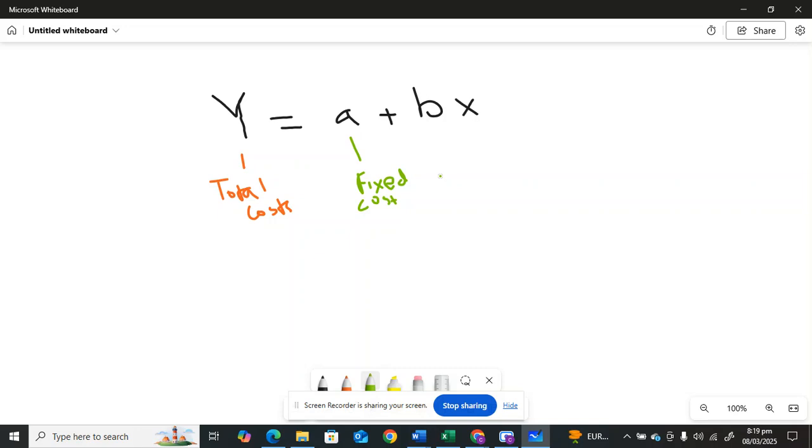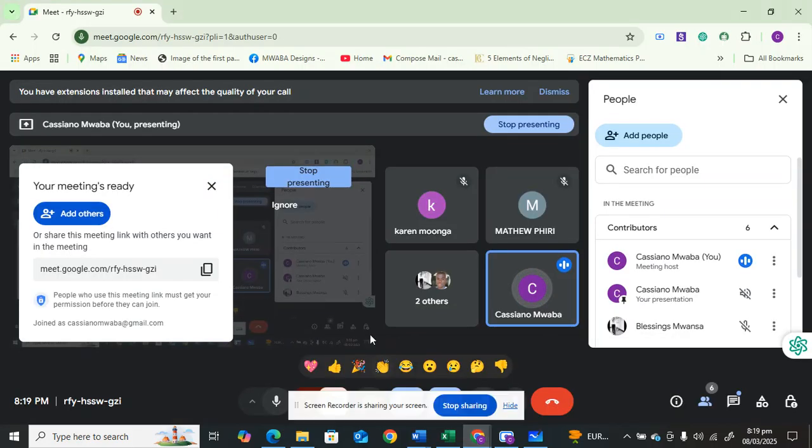With variable costs, you can control them, because if you produce more, you incur more of them, and if you produce less, you incur less. Fixed costs you can't really control as easily. For example, you can control the rent you pay for your factory or business, but mostly it's the variable costs which you can deal with.